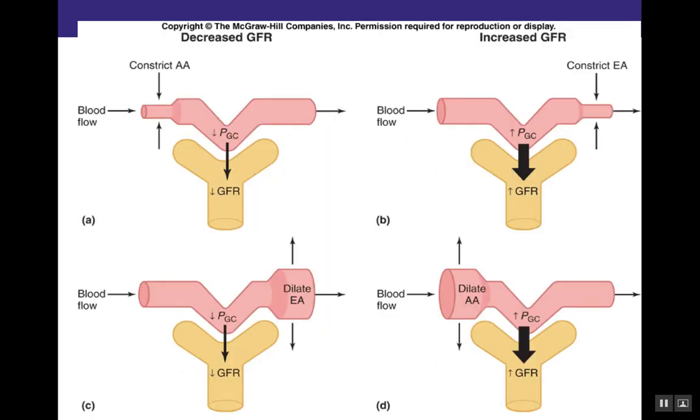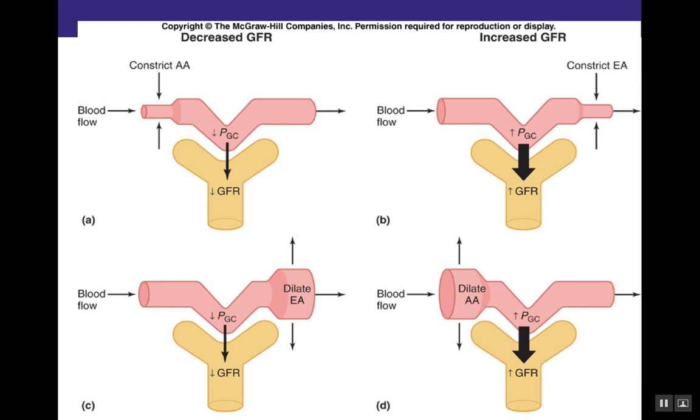So also, remember that if you constrict the afferent arterioles, it has dramatic effects on glomerular filtration rate. We've already gone through this slide as well. If you constrict afferent arterioles, it increases the resistance in that particular area, decreasing the hydrostatic pressure of the glomerular capillaries and effectively decreasing the flow, the glomerular filtration rate.